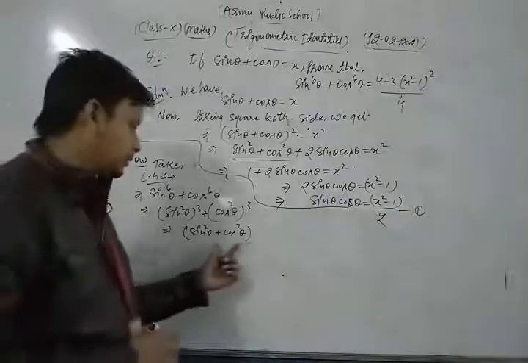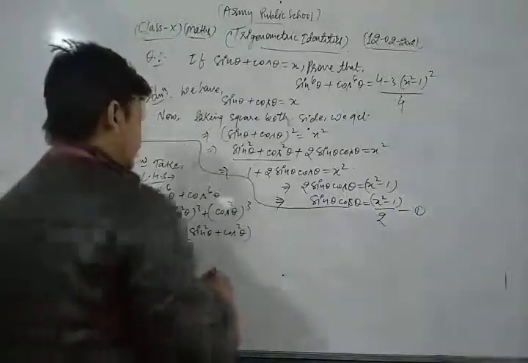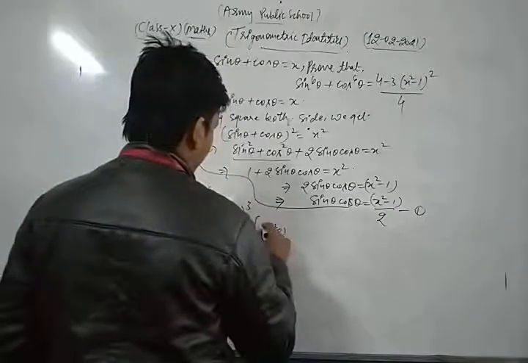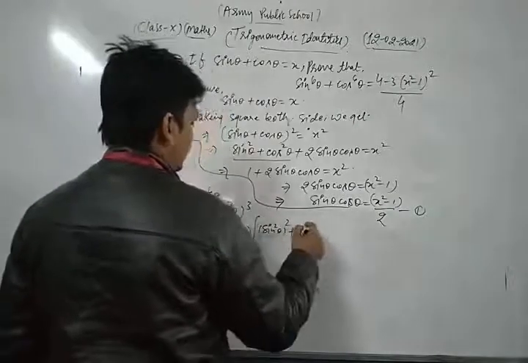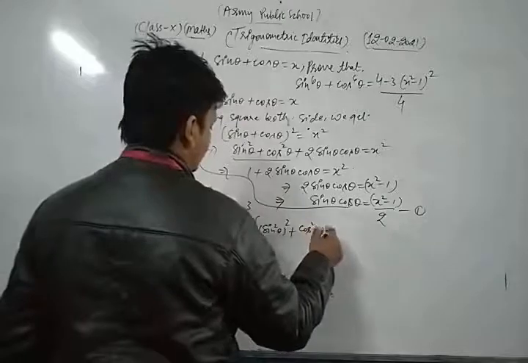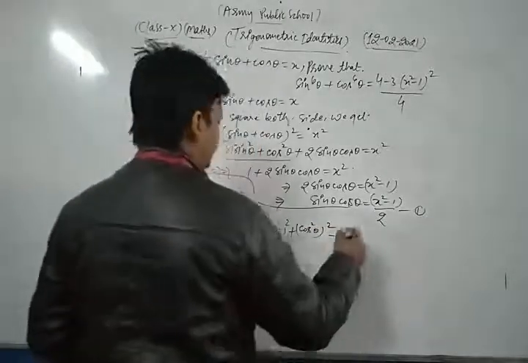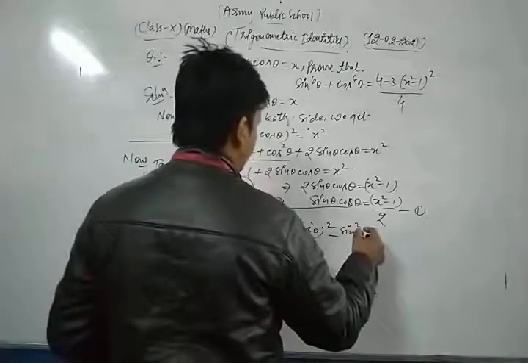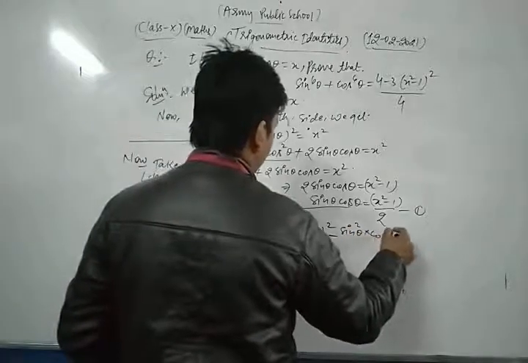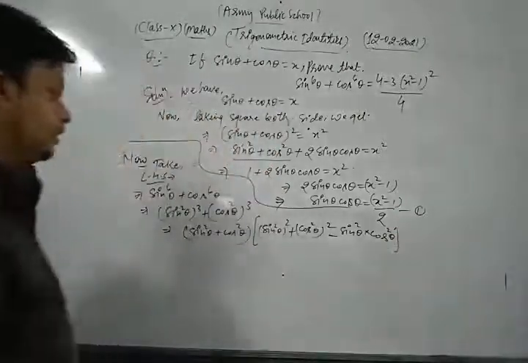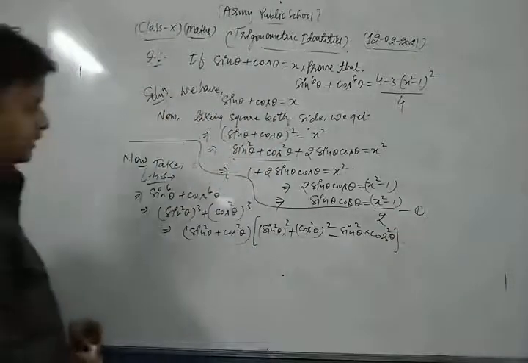So here a plus b in one bracket, and in another bracket this is a square plus b square minus ab, means for a sin square theta into b cos square theta, a square plus b square minus ab.